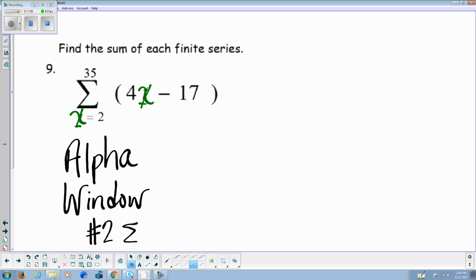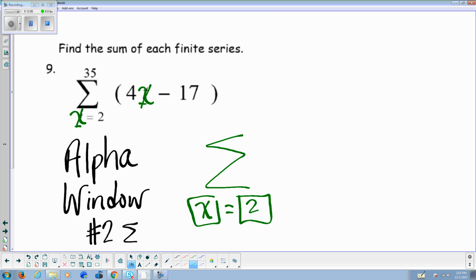So if we'll type this in exactly the way we see it, we've got this Greek sigma. We're going to put an x in the first box. It's going to hop over, and we're going to put a 2 in the second box. We're going to up arrow, and we're going to put a 35 in that top box, which means we're adding, let's see, what is 35 minus 2? That's 33 plus 1.